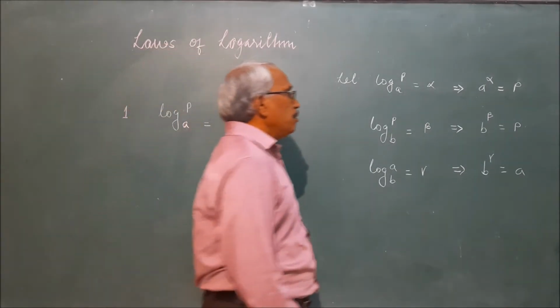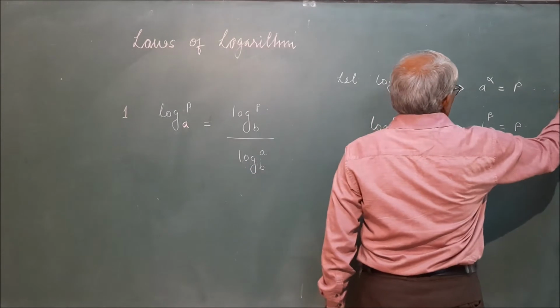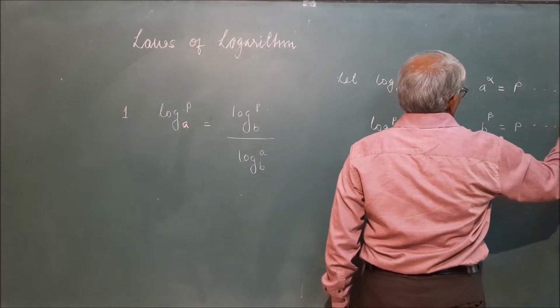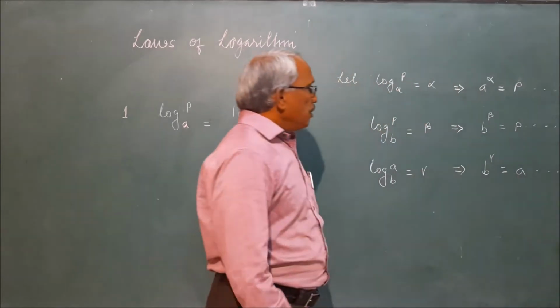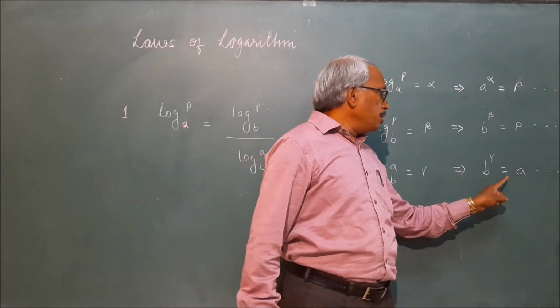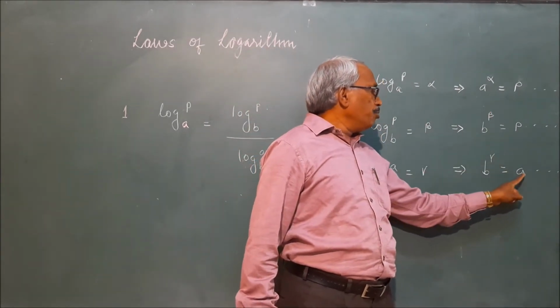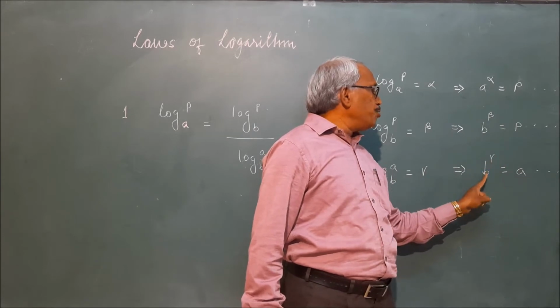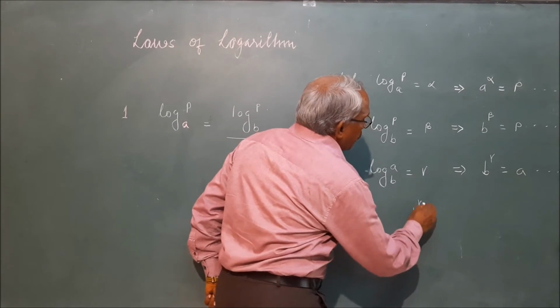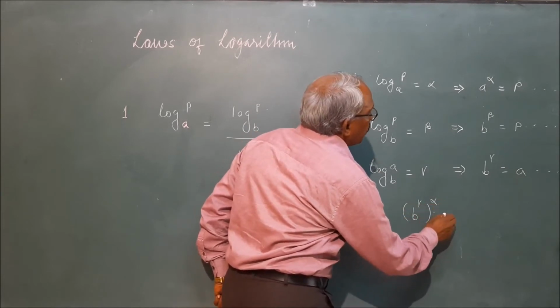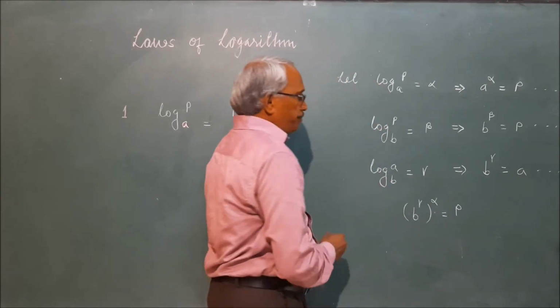Let us call these equation number 1, equation number 2, and equation number 3. Using equations 1 and 3, put the value of a as b raised to gamma here. So b raised to gamma, raised to alpha, is equal to p.